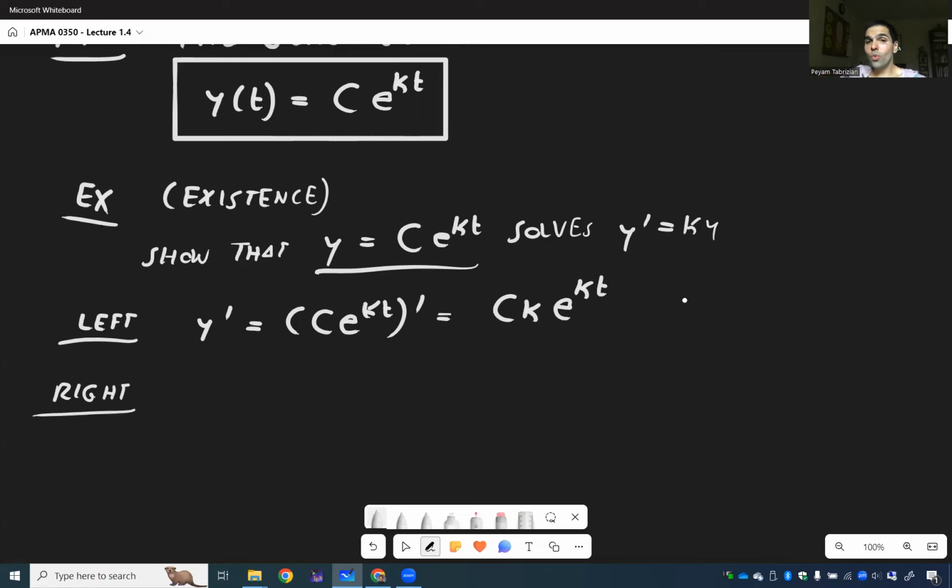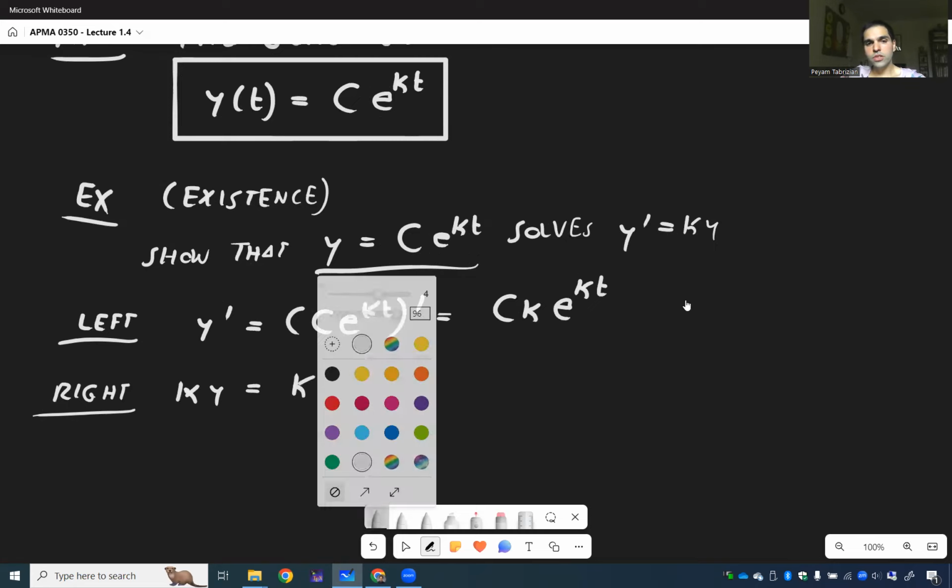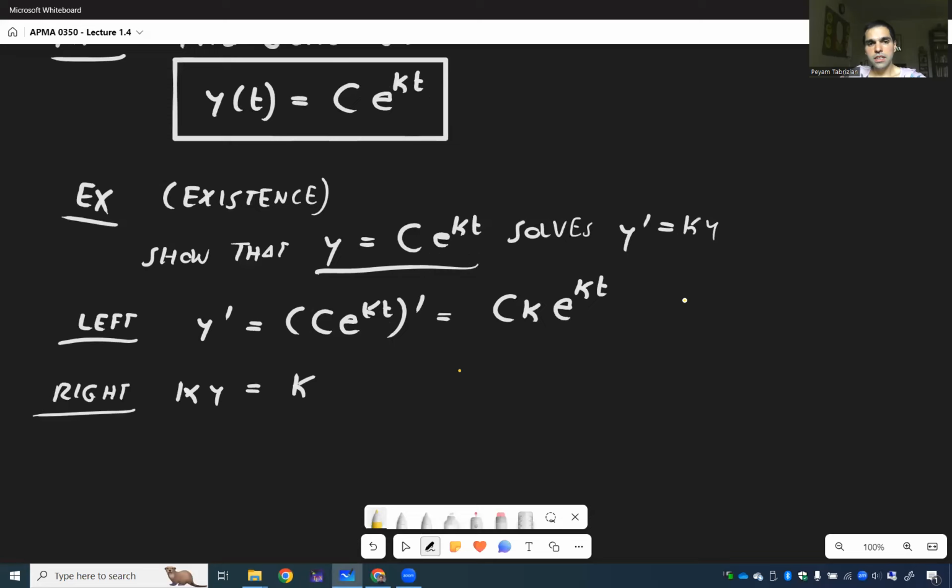On the other hand, for the right-hand side, let's do ky. I'd like to remind you, y is ce to the kt. So this will be ck times ce to the kt. And notice that's precisely the same thing as ck e to the kt.